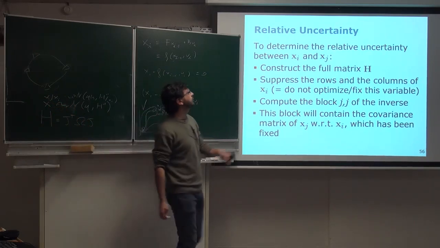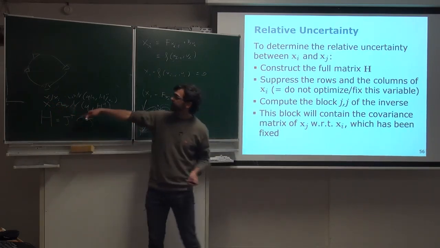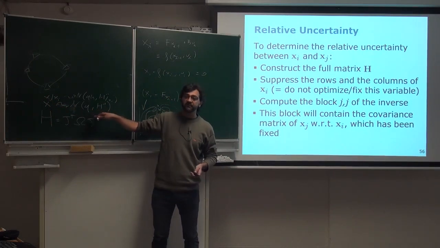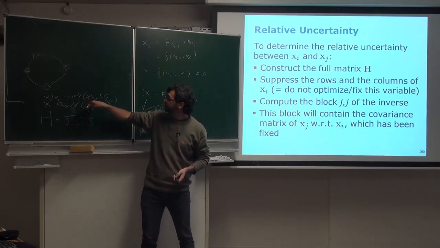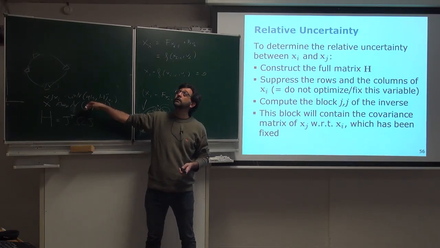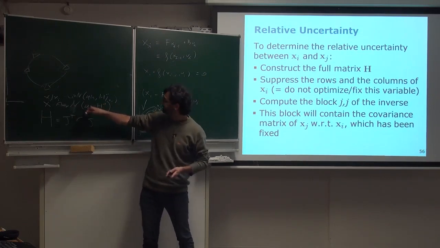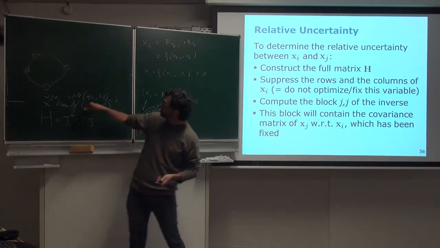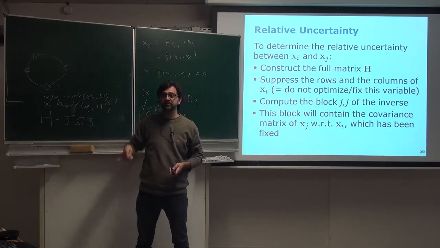The reason why we do it this way and not by just inverting everything is that inverting everything is expensive, but when we do it this way, getting the blocks is not too expensive. You can write the system in a way that you just get the blocks.